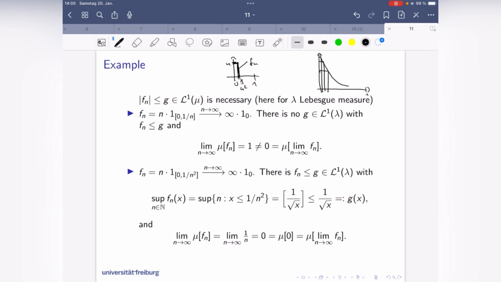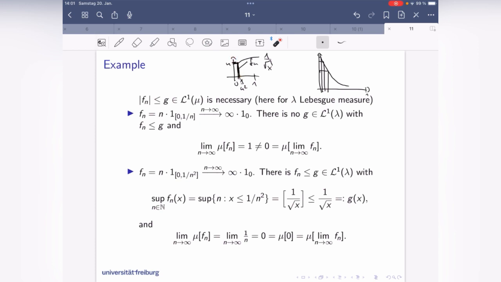So this one here lies on 1 over square root of x. So 1 over n squared, square root of this is 1 over n. And 1 divided by 1 over n is n here. So all these curves here lie on the curve x maps to 1 over square root of x. And 1 over square root of x is integrable at 0.